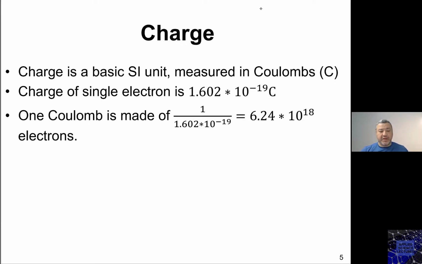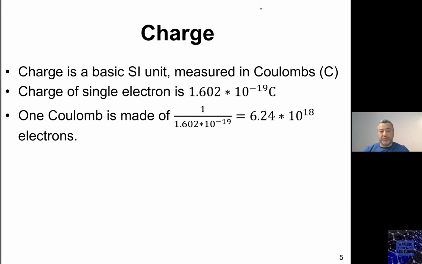The first quantity we would like to talk about is the charge. The SI unit for the charge is the coulomb, as you've seen in earlier physics courses. The charge of one single electron or proton in magnitude is 1.602 times 10 to the power minus 19 coulomb. This is the smallest charge that we will be dealing with in this course.